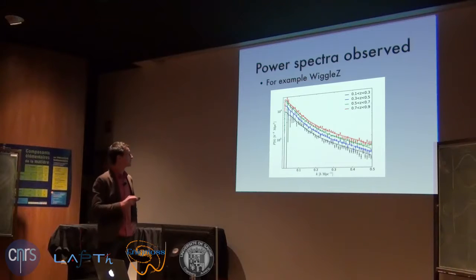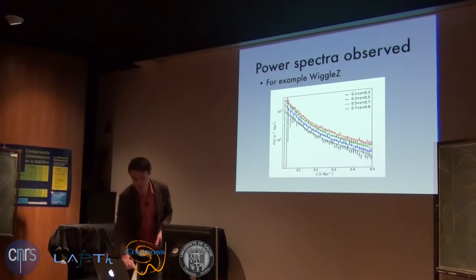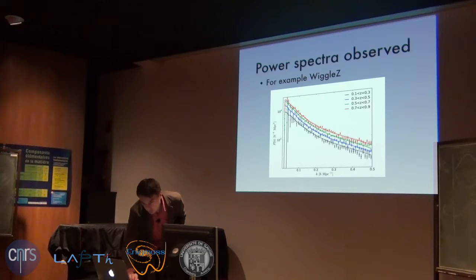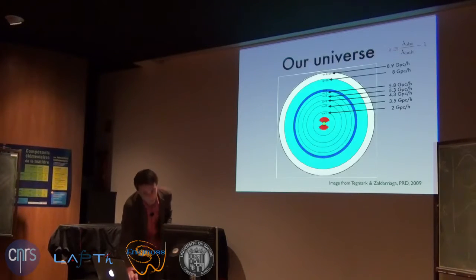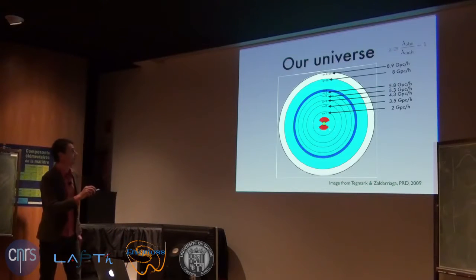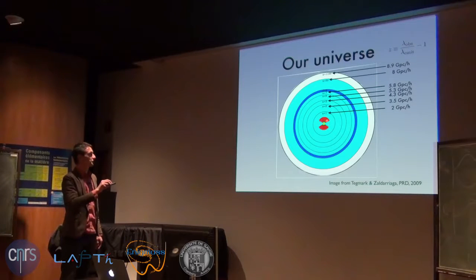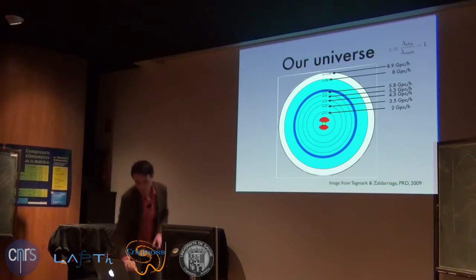This is the matter power spectrum observed at different redshifts. So if you remember that the universe is a sphere around us and we live in the center, the previous slide showed the power spectrum at different redshifts. So these are different shells in this spherical universe. Okay?